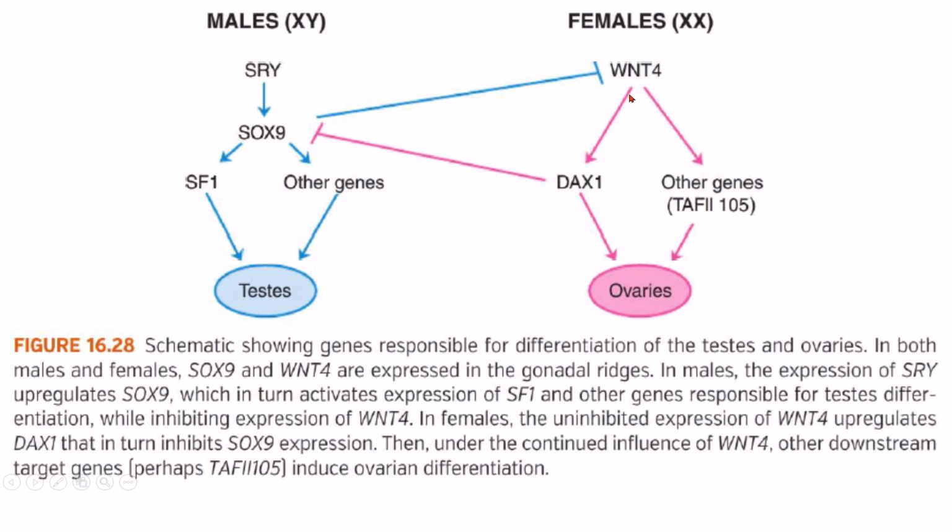But in females, as the SRY gene is not present due to absence of Y chromosome, SOX9 will be downregulated and WNT will be upregulated, resulting in activation of DAX1 and other genes, which will promote the formation of ovaries. So the ovaries develop from the cortical sex cords, whereas the testis develops from the medullary sex cords.